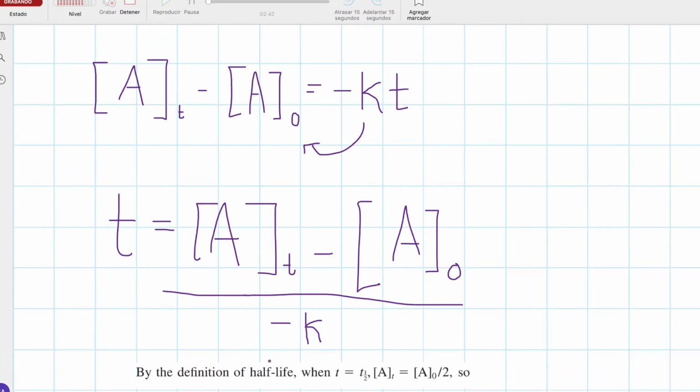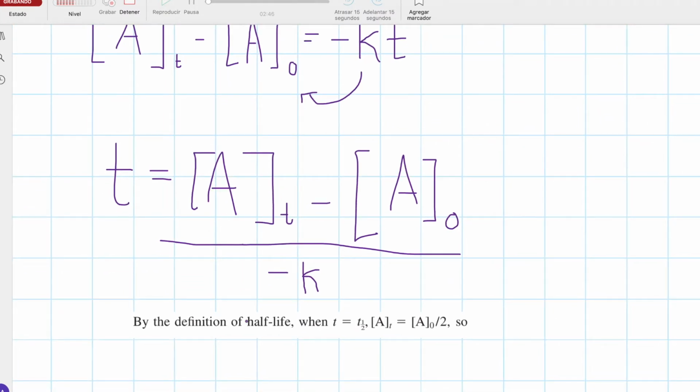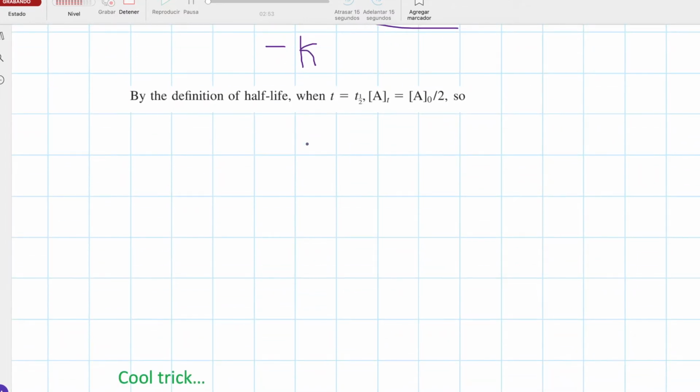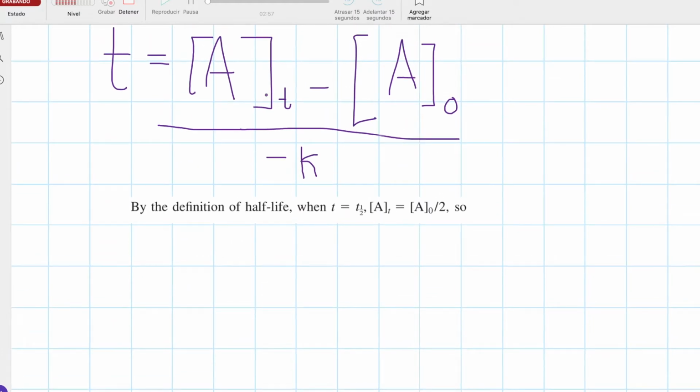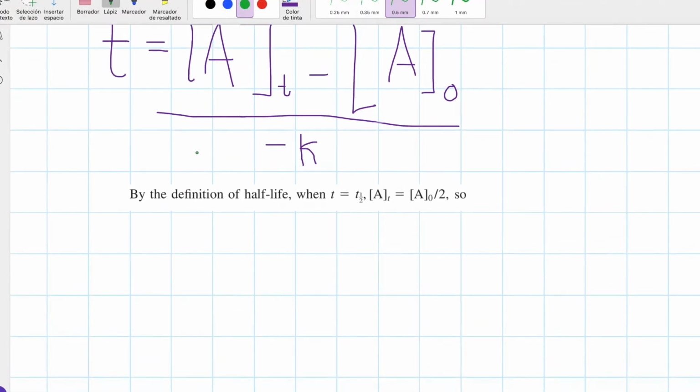Now we already solved for t, but we're looking for t1/2. By the definition of half-life, it's when t equals t1/2 and the current concentration is equal to the initial concentration over 2. So let's start modifying this equation we just got.